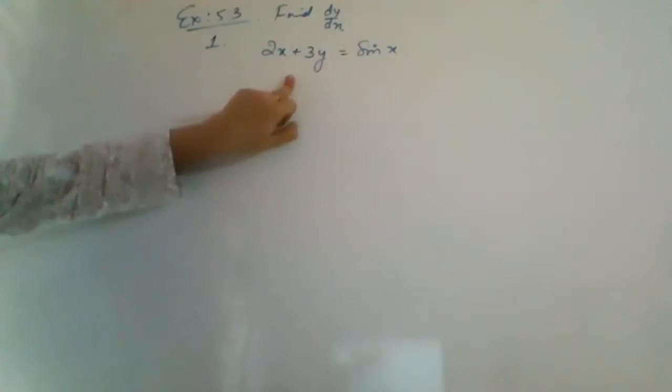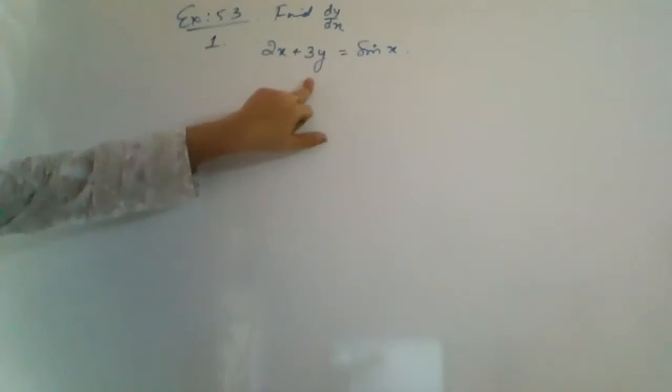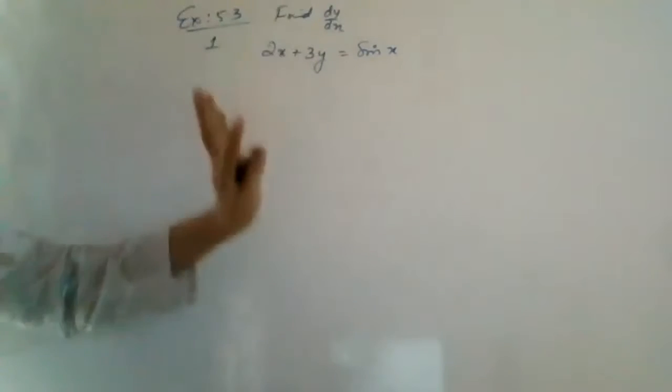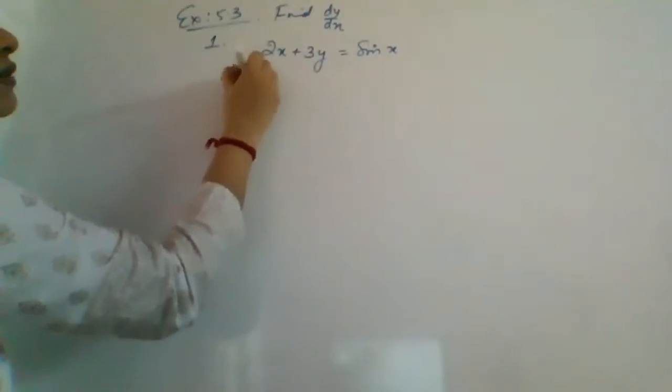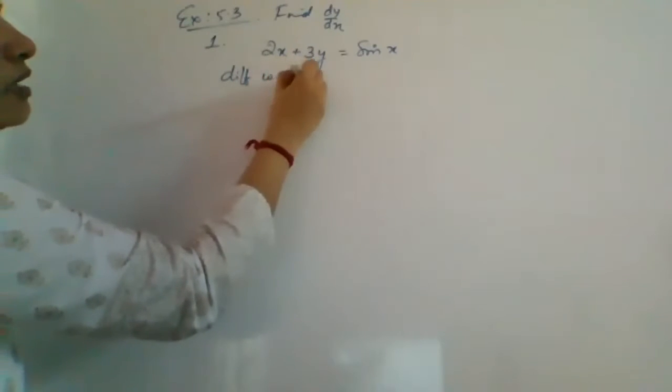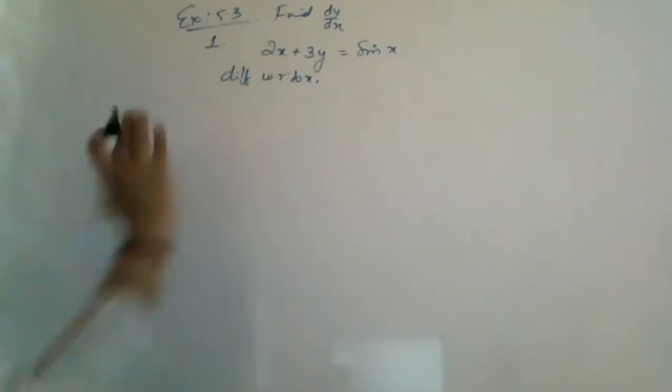So here, other than splitting it as y is equal to, we can just directly differentiate and find out what is your dy by dx. Differentiate with respect to x on both sides.